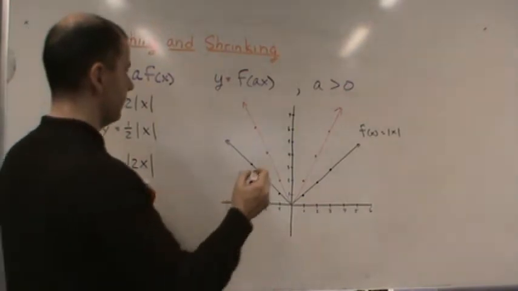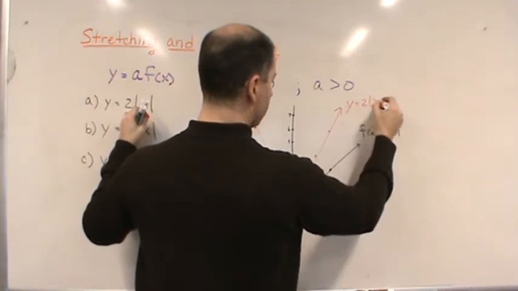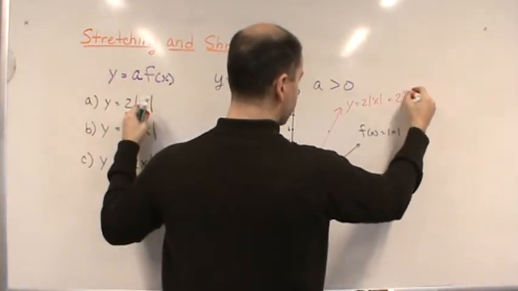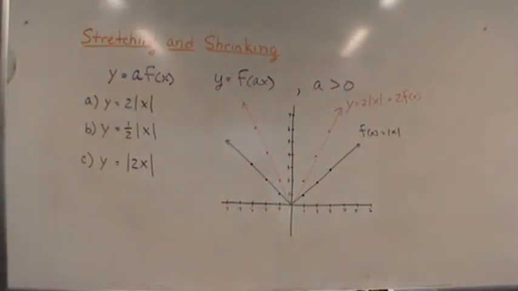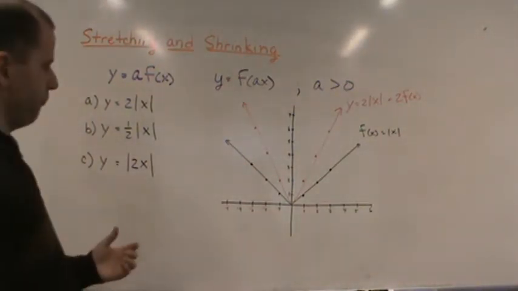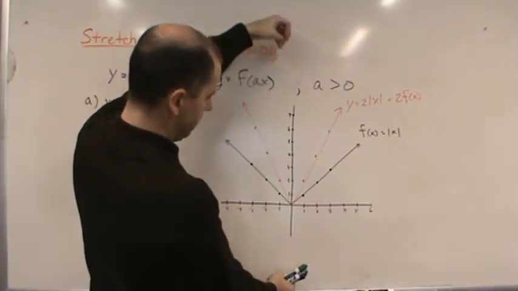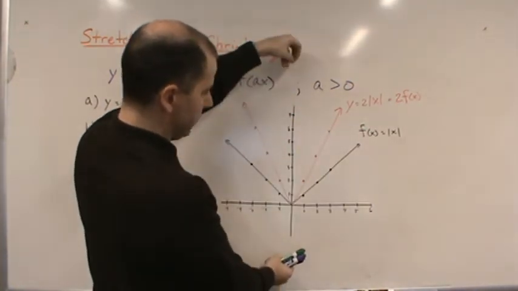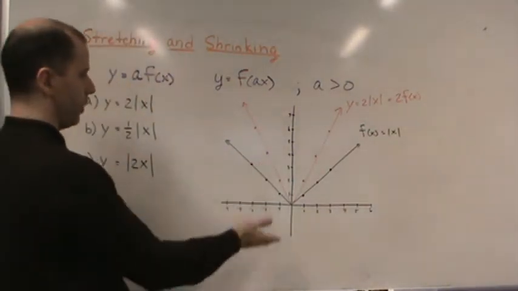And so now this is y equals 2 times the absolute value of x, which I can also write as 2 times f of x. So what's it doing? Well, it looks like it's taking this function and stretching it, and it's becoming more narrow because it's being stretched in the vertical direction. Okay, so this is what we call a vertical stretch.